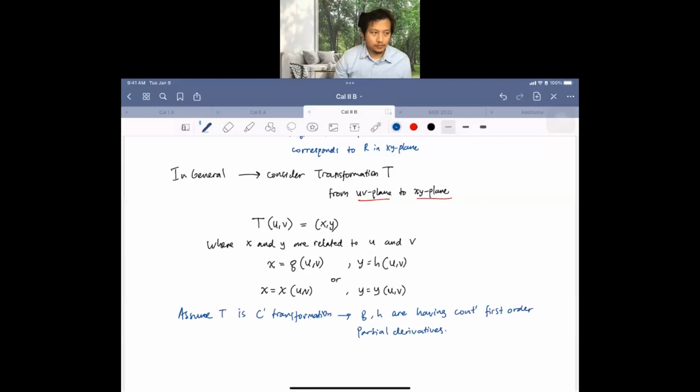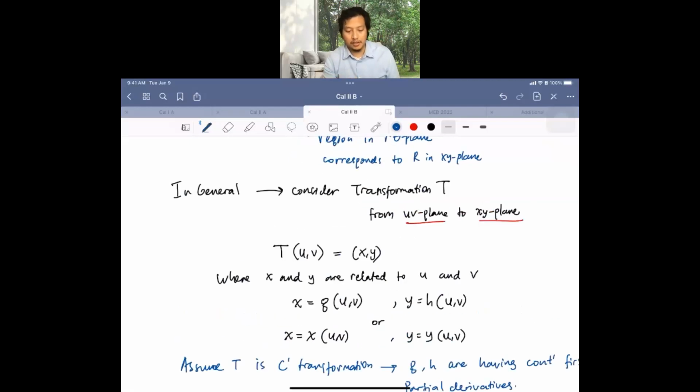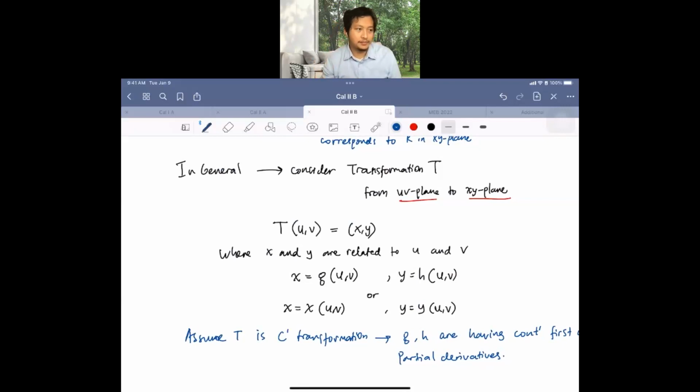So the transformation, in our sense, to describe this mathematical notation, means that it is just a function whose domain and range are subsets of two-dimensional R, and then we are going to place all the points. Let's say you have u1 v1, u2 v2. We are going to place them into a new subset of x1 y1.